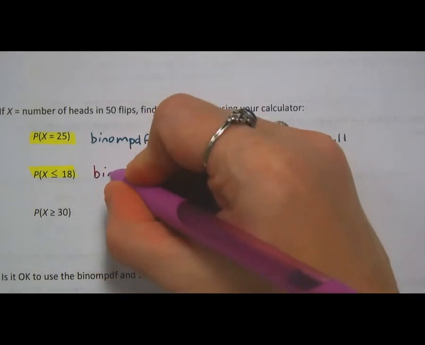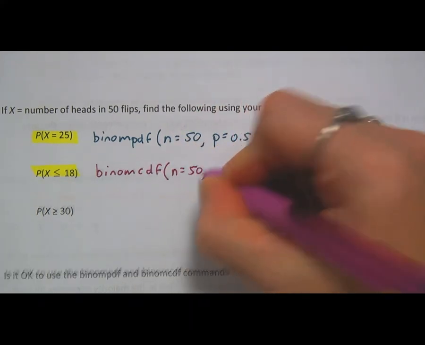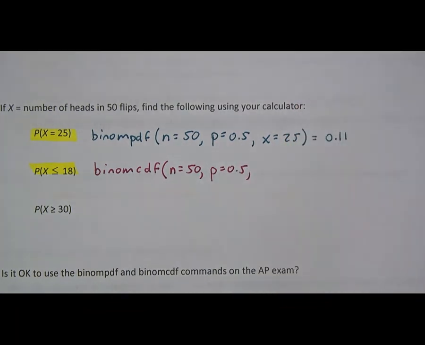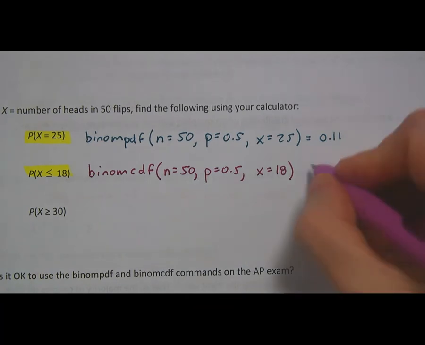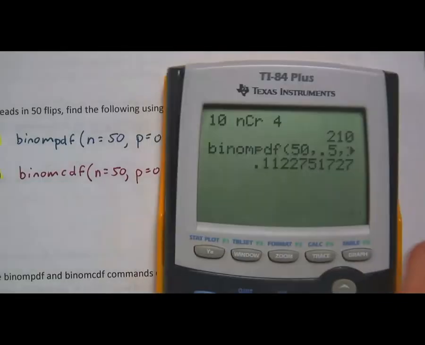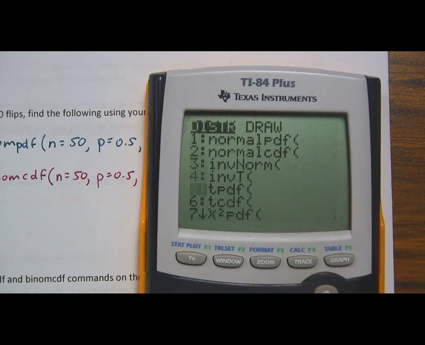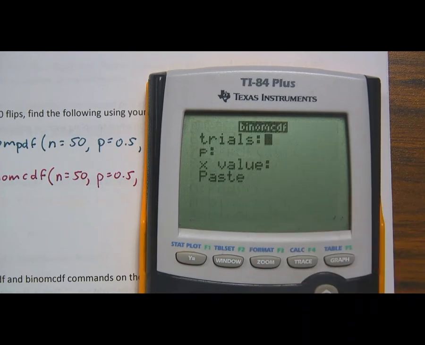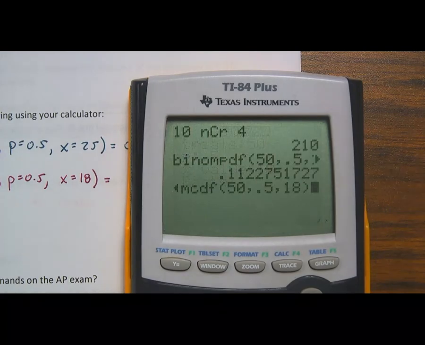The calculator is going to do all of that for us with binomial CDF: 50 trials, probability of success is 0.5, and 18 flips. Behind the scenes, your calculator will be adding together the 18, the 17, the 16, the 15, the 14, the 13, etc. Second bars, binomial CDF, 50 trials, probability of success 0.5, and 18 and less than that. 0.03.